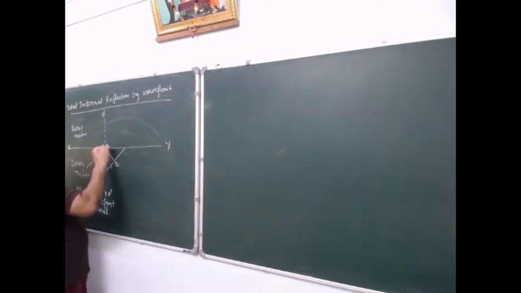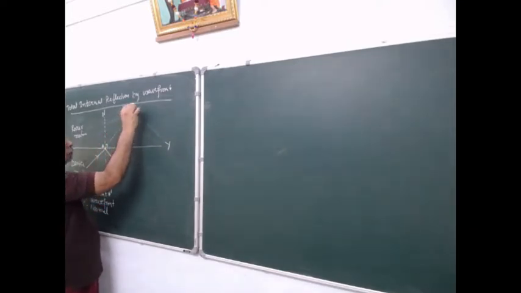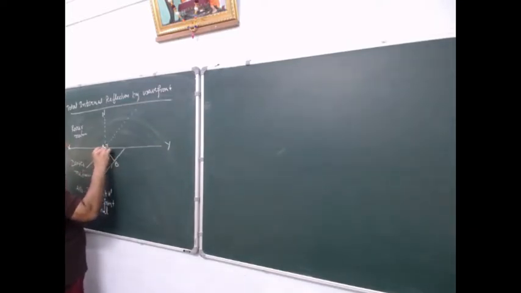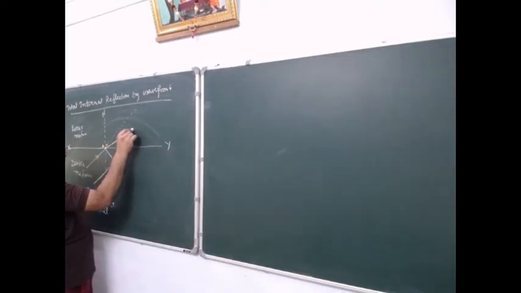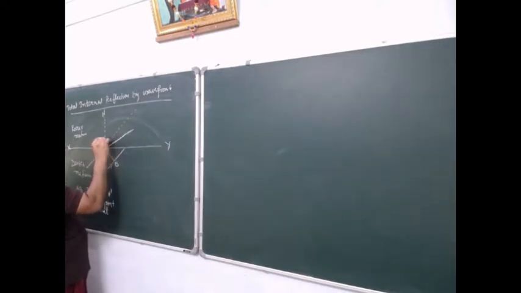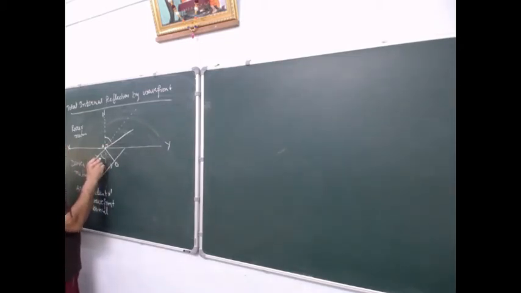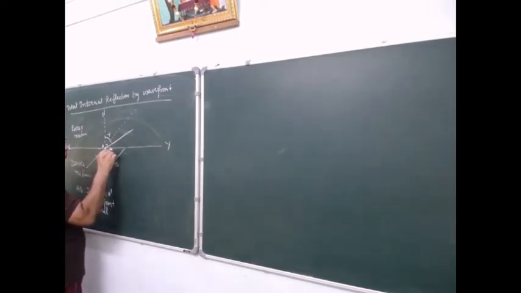So here the refracted ray will get deviated from the normal. Actually it should have gone like this, instead it gets deviated, away from the normal. Here this is the angle of incidence, and this one is the angle of refraction. If it is I, we already discussed, this is also I.